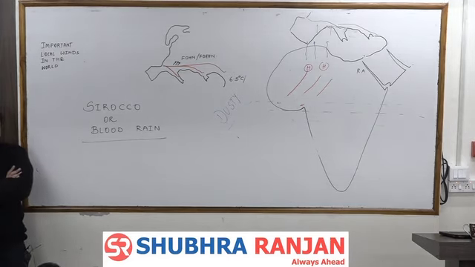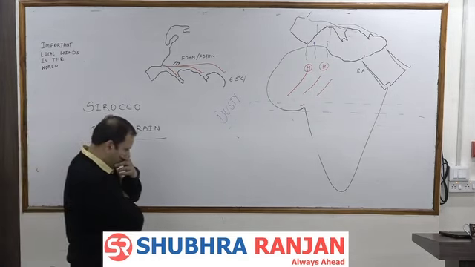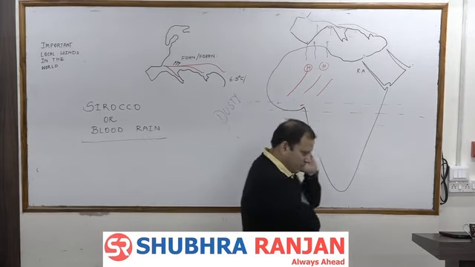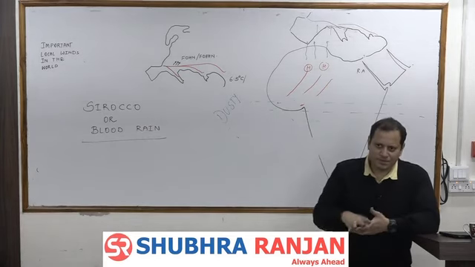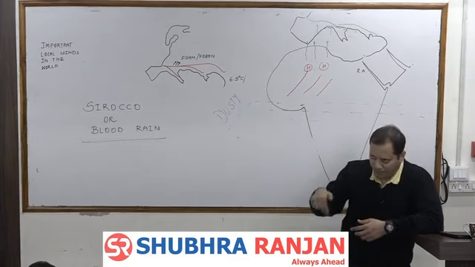Full stop. They carry a large amount of sand along with them. You do not need to write this in the exam, just remember why dusty. They carry a large amount of sand along with them.